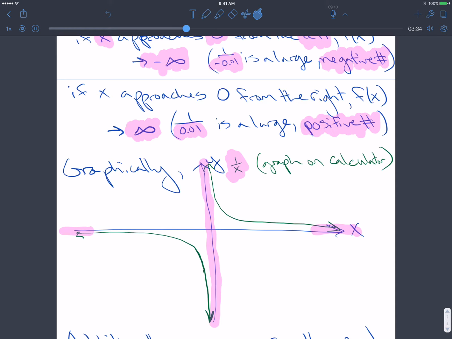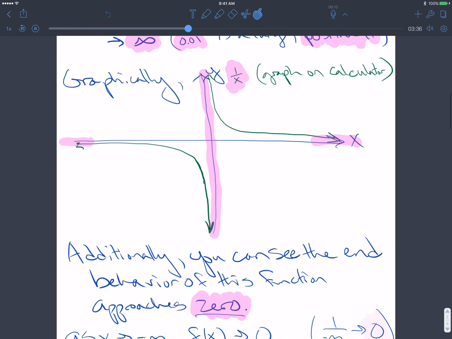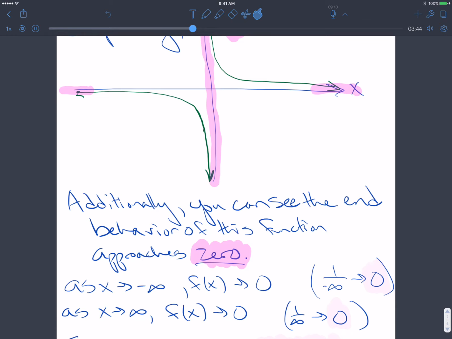Effectively what ends up happening is as x goes to infinity or negative infinity, you're effectively dividing by infinity, which you can't actually do, but as the numbers get bigger and bigger and bigger, those expressions are going to go towards 0. Now this gives us something that we call a horizontal asymptote, for the same reason that we call a vertical asymptote a vertical asymptote.